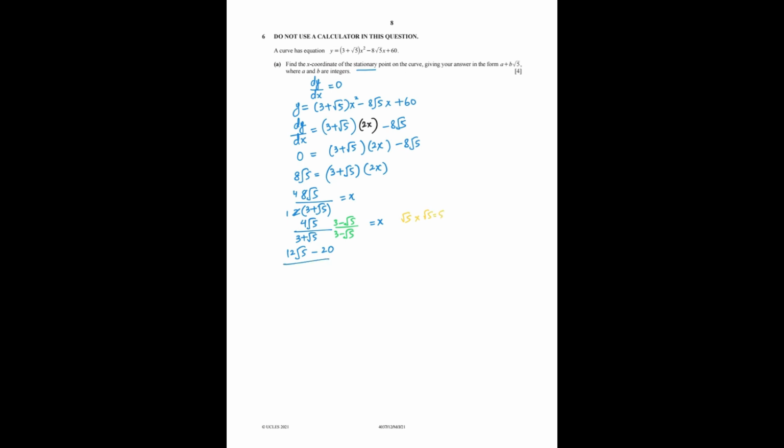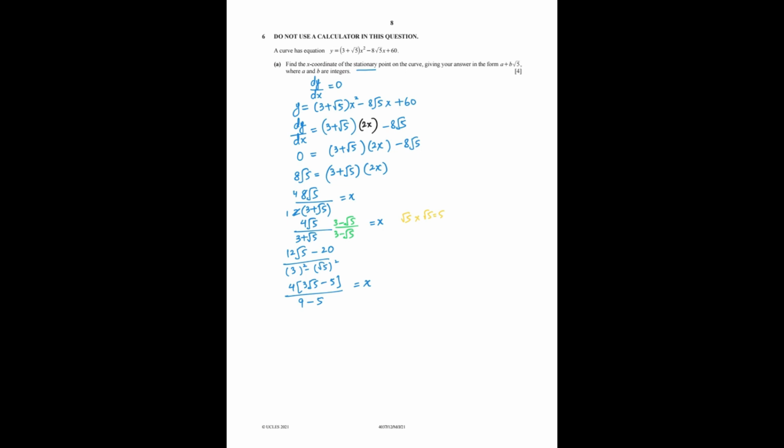In the denominator we have an identity of a² − b², so a is 3 and b is √5. In the numerator you can take 4 common, and the leftover part is 3√5 minus 5. In the denominator it's 3² is 9 minus 5, and it equals x.